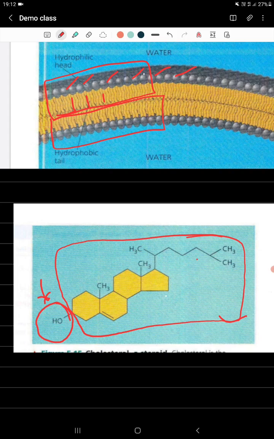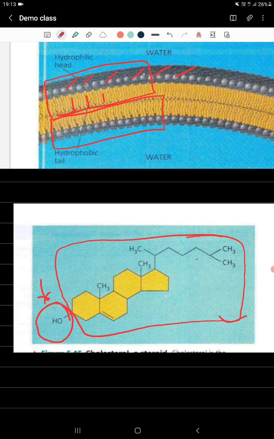That is why it does not allow the molecules of one layer or the other layer to come very close to each other, and this is the reason why at low temperature as well the membrane is able to maintain its fluidity.